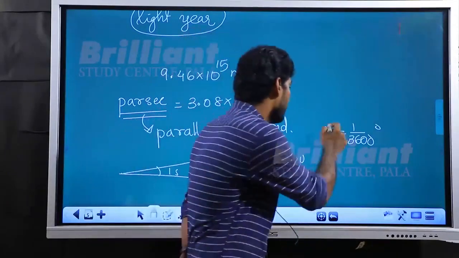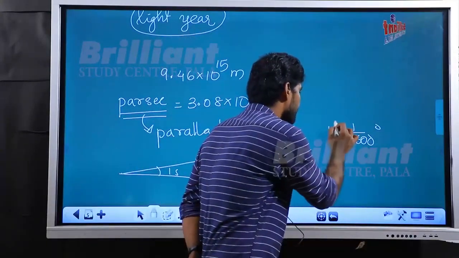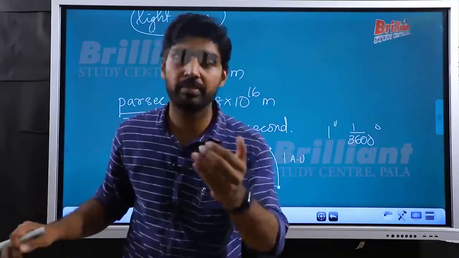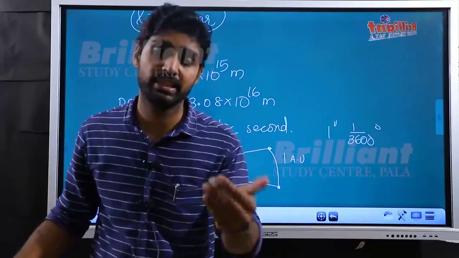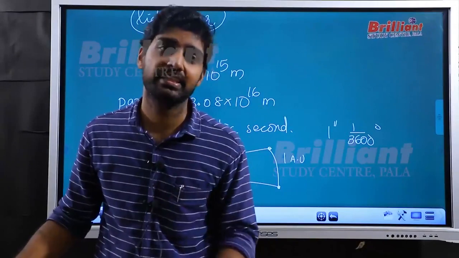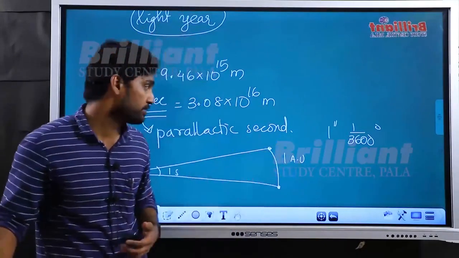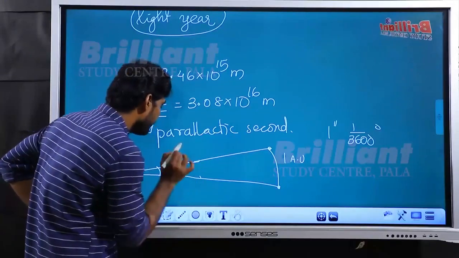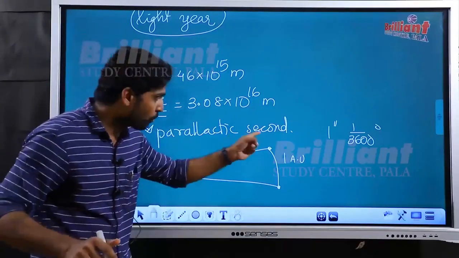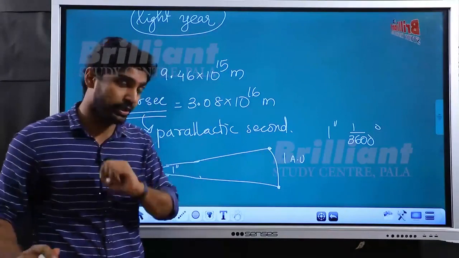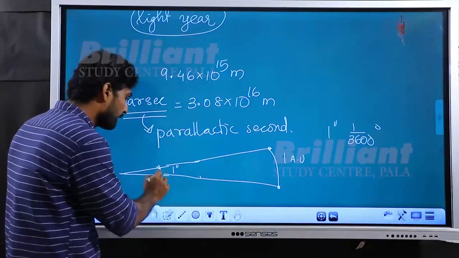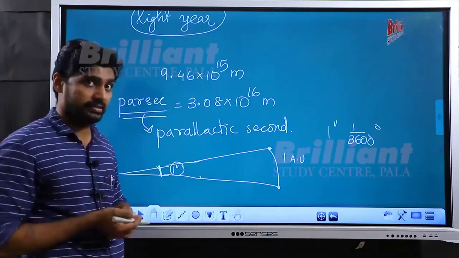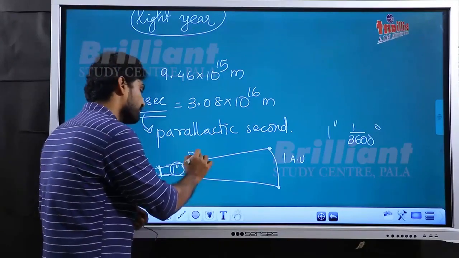It is 1 arc second, as we generally represent it. 1 minute is 1 by 60 degree, and 1 arc second is 1 by 3600 of a degree. So if we consider this arc whose arc length is 1 astronomical unit and this angle is 1 arc second, then this distance is what we call a parsec.